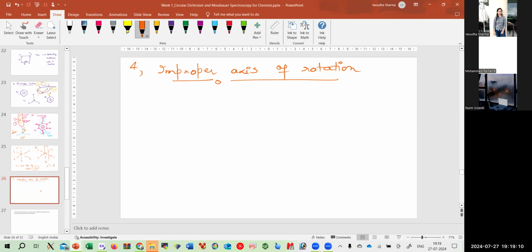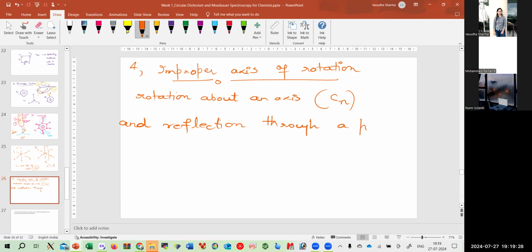So it is rotation about an axis, which is your Cn principal axis, followed by the reflection operation through a plane which is perpendicular to your Cn axis. So it is having both elements in this particular symmetry operation.